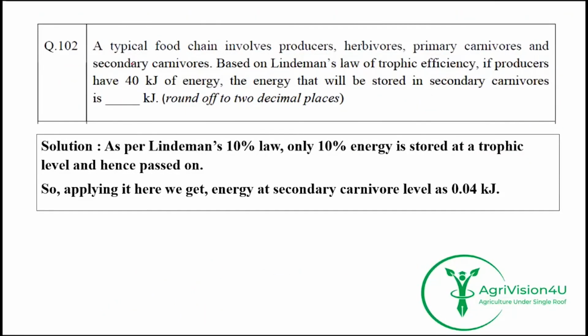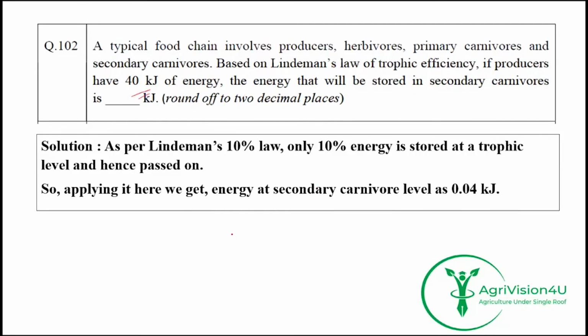Coming to the next question. A typical food chain involves producers, herbivores, primary carnivores, and secondary carnivores. Based on Lindeman's law of trophic efficiency, producers have this much amount of energy. The energy that will be stored in secondary carnivores is.